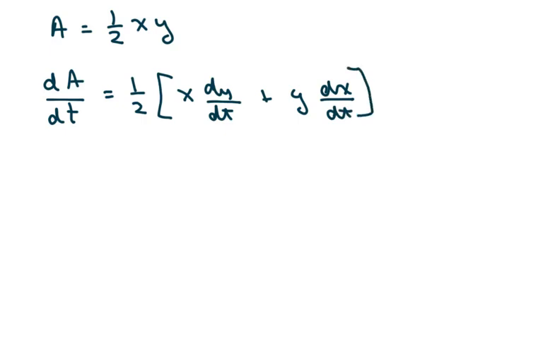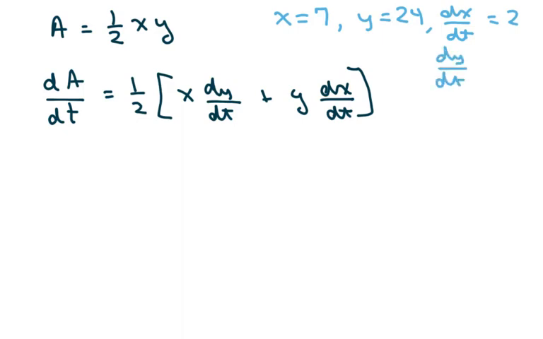Alright. From part A, we know that when x is 7, y is 24, and we have the derivative of x with respect to t equals 2, and the derivative of y with respect to t equals negative 7 over 12.